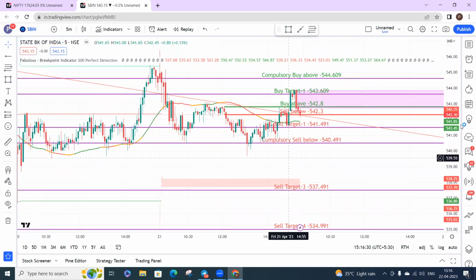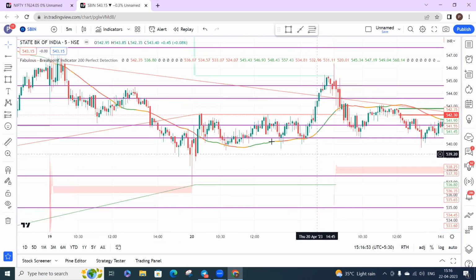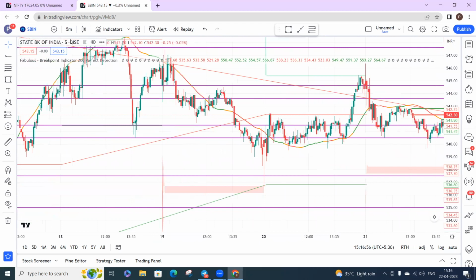Even though I have a sell below here, and I have this level created, if I go for a compulsory sell, will I wait for target 3? I will not be waiting for target 3. Whenever it is coming near the hidden resistance or hidden support area, I will definitely exit from the market. Same here. Okay, I'll show you here.